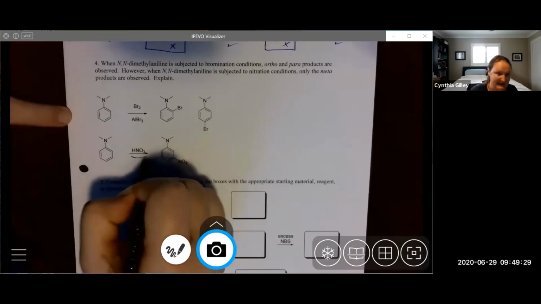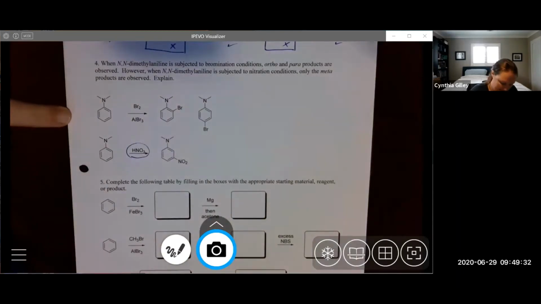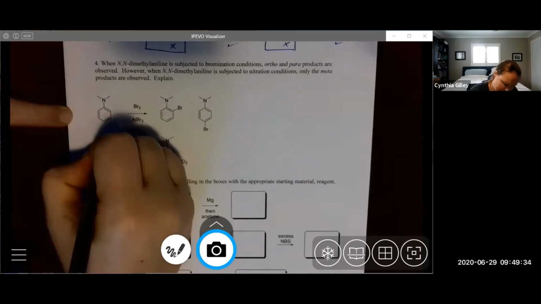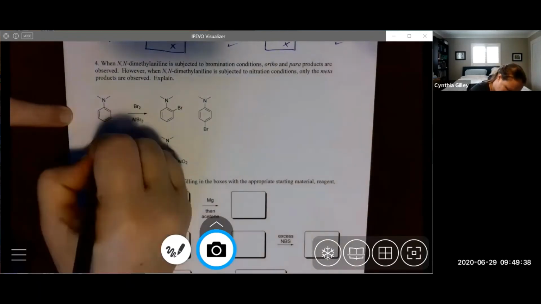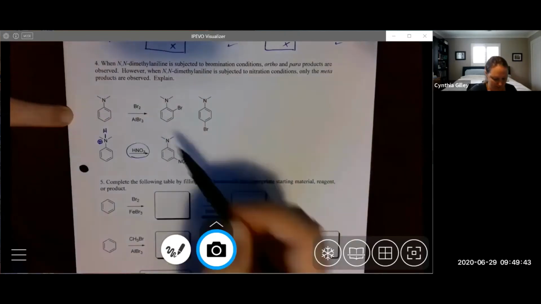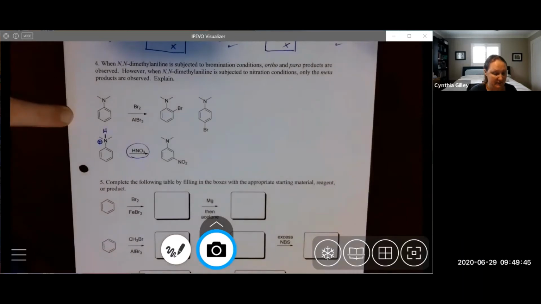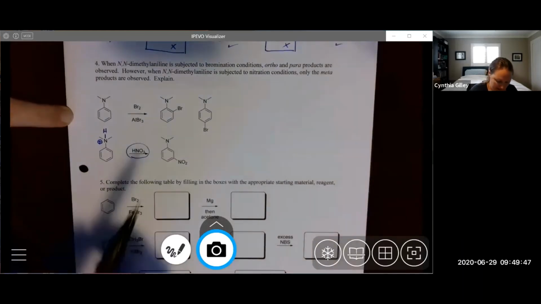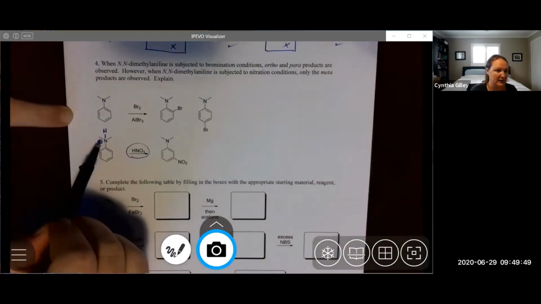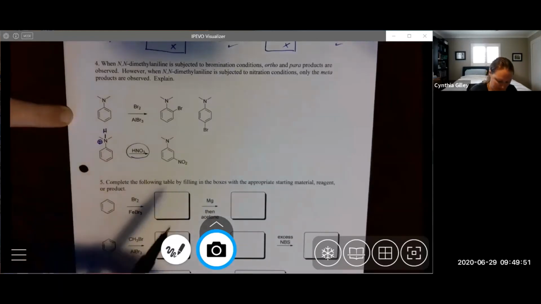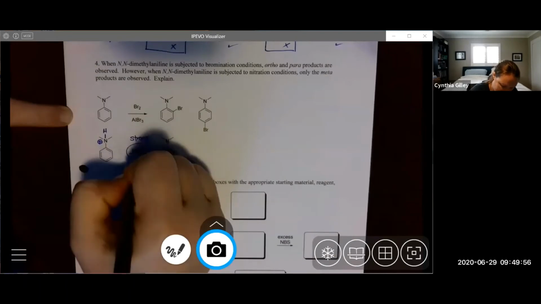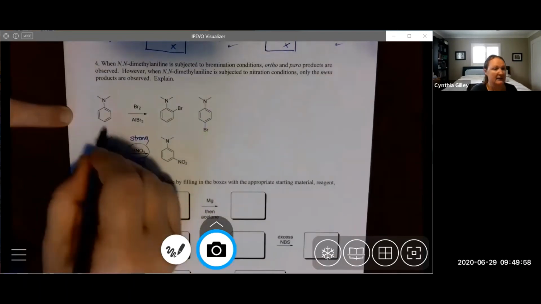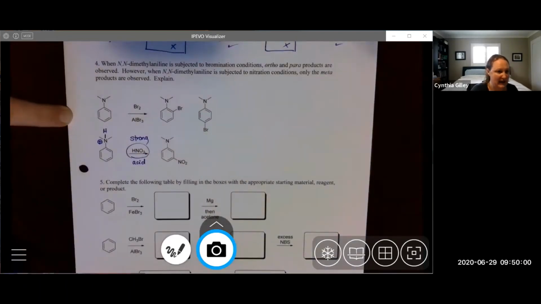This is nitric acid. It's a strong acid. So strong acids will react with amines to act as an acid and protonate the amine. In the bromination, there was no strong acid. But amines are basic. The lone pair there is basic, so it can pick up a proton from a strong acid. And as a result, now it is a strong deactivator.